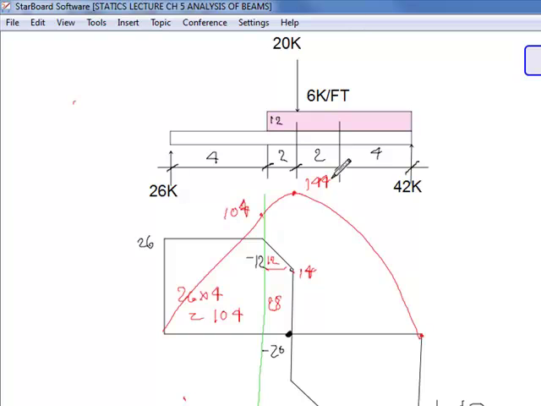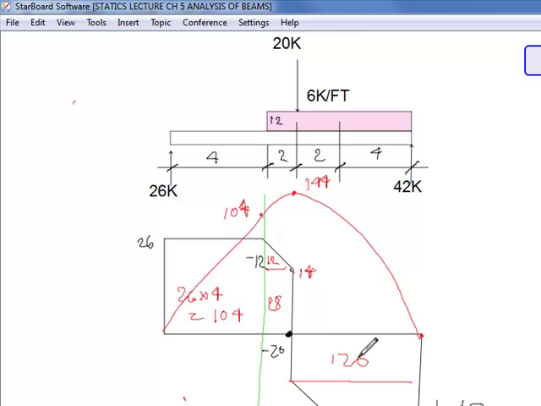And then you've got to get back down to here, so then those two areas should be equal. We can double check that. That's minus 20 times 6, which is 120. Yes, 120.